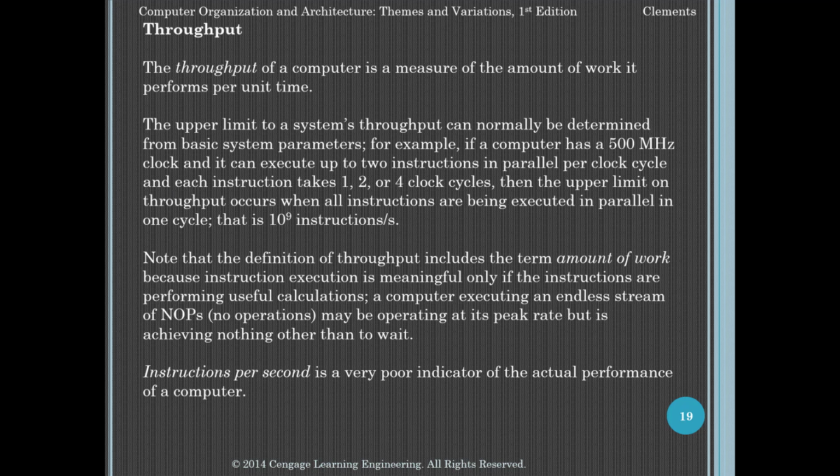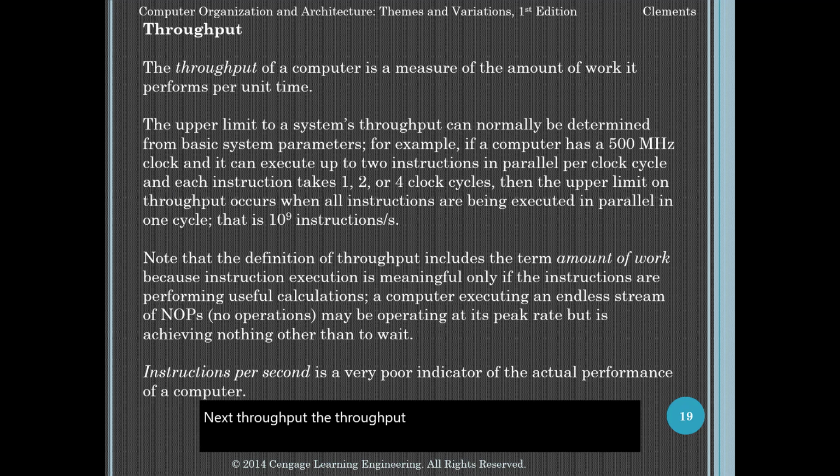Next, throughput. The throughput of a computer is a measure of the amount of work that it performs per unit of time. A bus's throughput is measured in megabits, whereas a computer's throughput is measured in instructions per second. The upper limit to a system's throughput can normally be determined from basic system parameters.